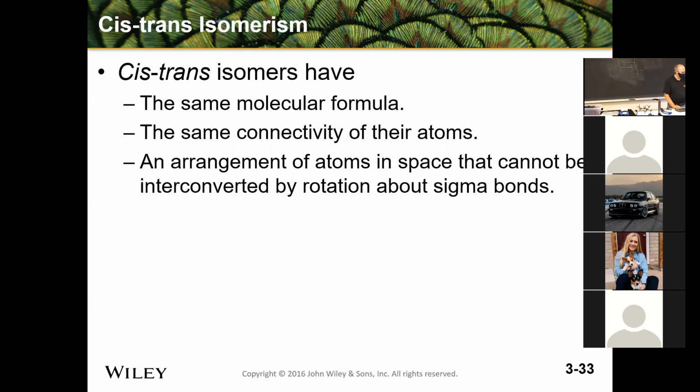Okay, cis-trans isomers. There are two situations where we can have cis and trans isomers. These are cyclic compounds and alkenes. We haven't come to alkenes yet.